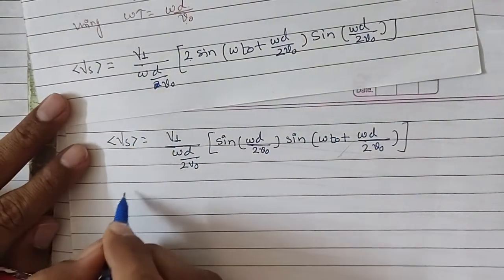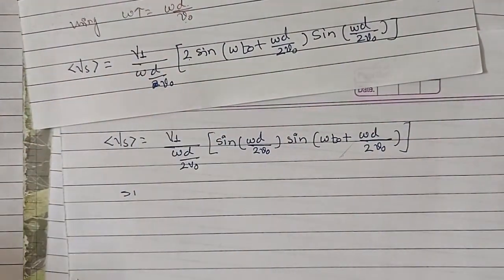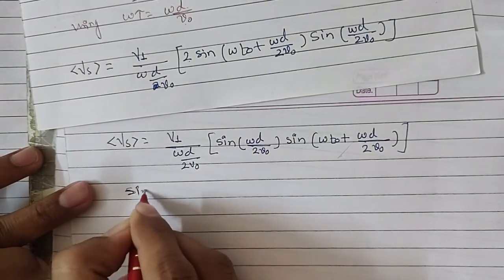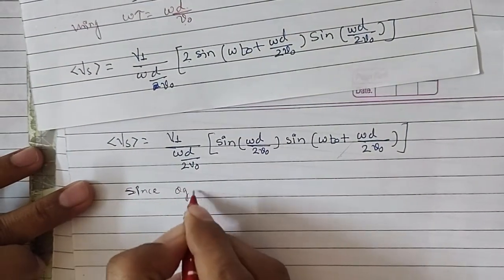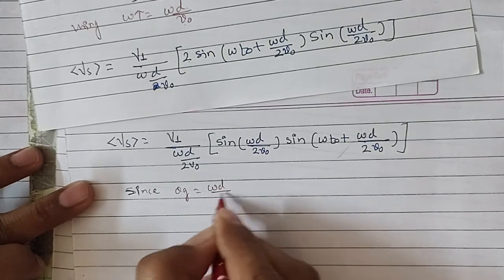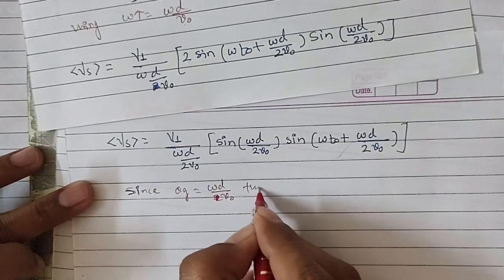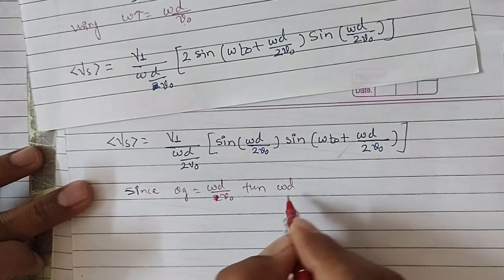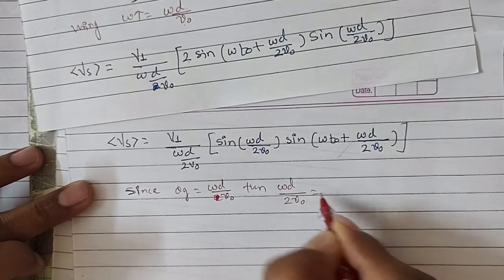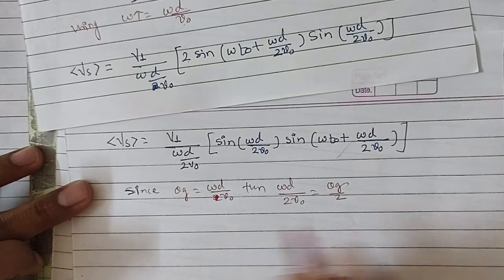Since theta g is equal to omega d by V0, omega d by 2 V0 is theta g by 2.